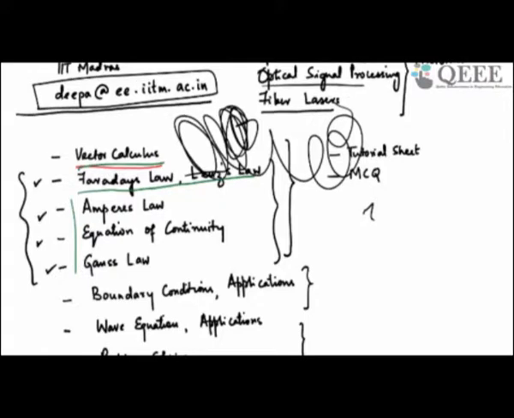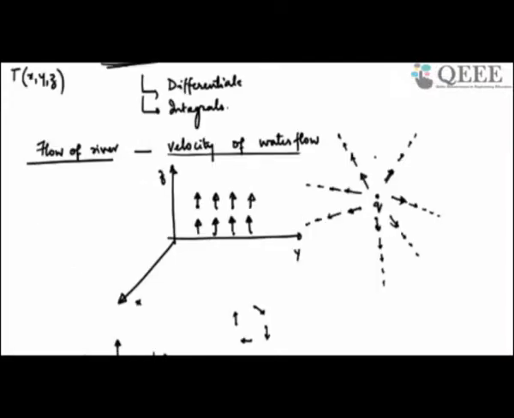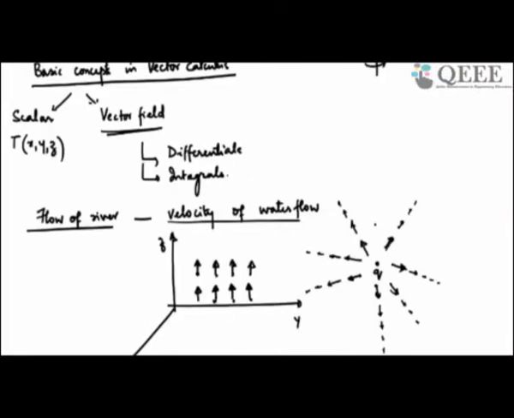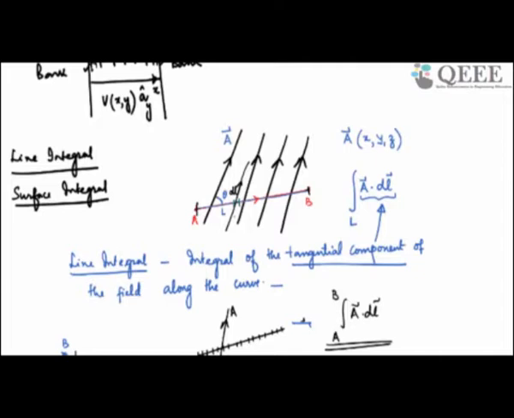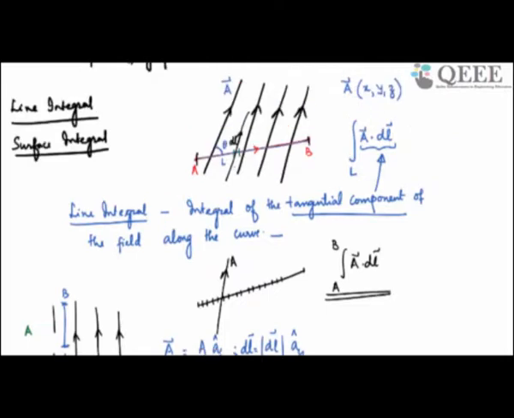Last time what we saw was some basic concepts. I talked to you about what is a scalar field and a vector field. Temperature is a scalar field, velocity of water on the surface of a river is a vector field, and so on. Once you have a vector field, we wanted to define the line integral and the surface integral. The line integral tells you the effect of a vector on the line that we are considering.